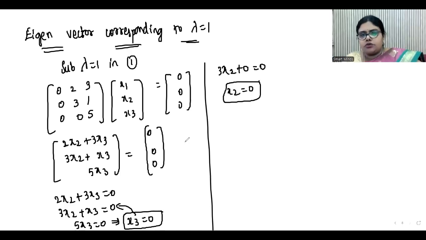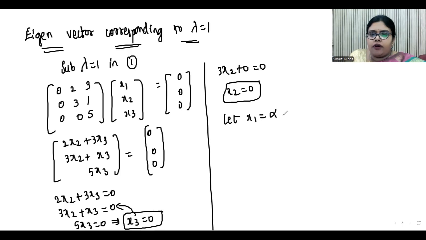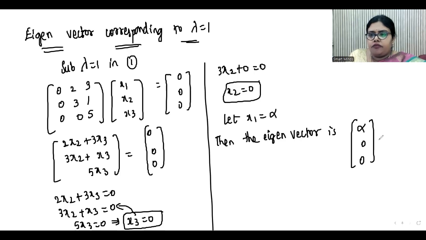So we got x2 and x3 as zeros. Now let x1 be alpha. Then the eigenvector is alpha, 0, 0. If you take alpha common, you will get 1, 0, 0. This is the eigenvector corresponding to the first eigenvalue.